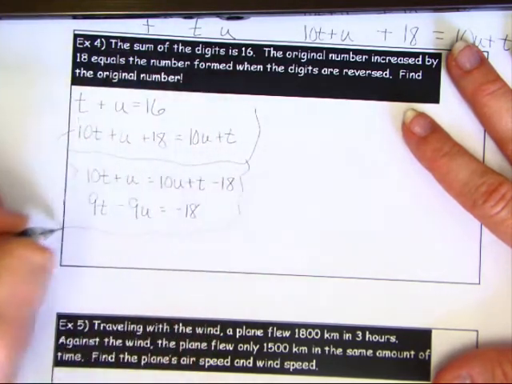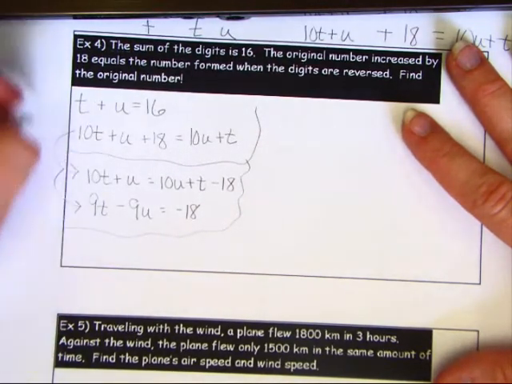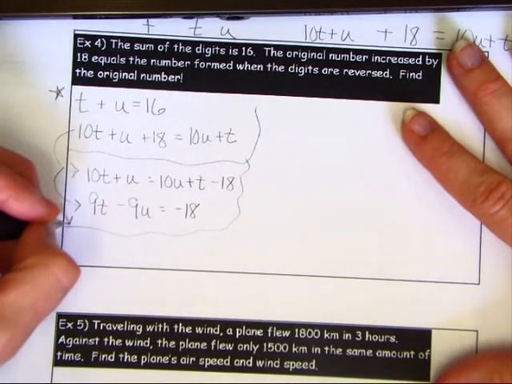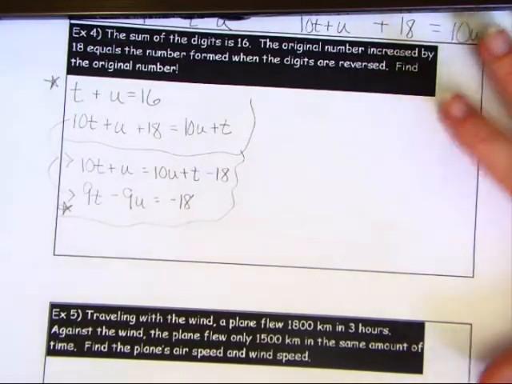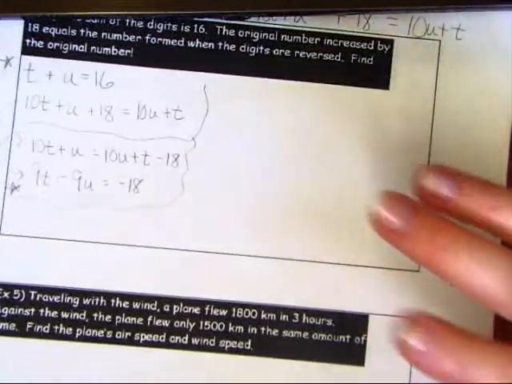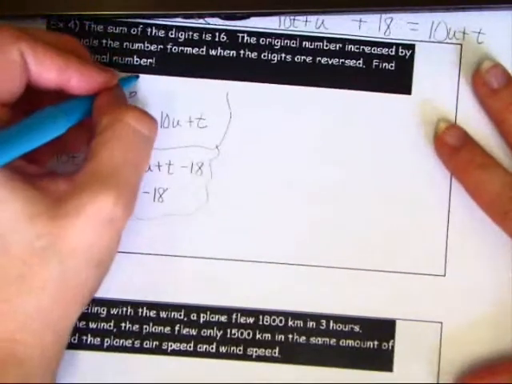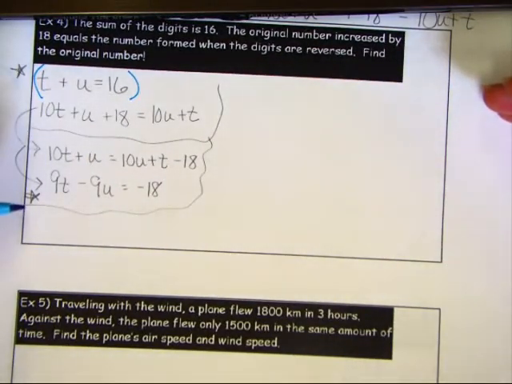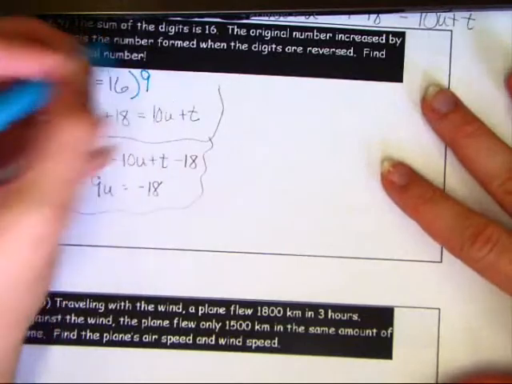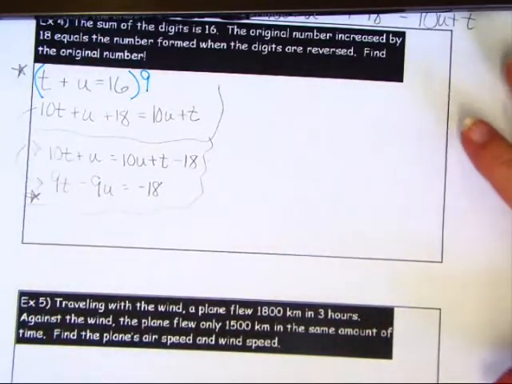So can you see how I fixed up the bottom equation? Now if you put a star by the first and a star by the fixed up bottom equation, I hope you can see that it really lends itself very well to linear combination or elimination. If you multiply the top equation by 9, I hope you see the u's will cancel out.